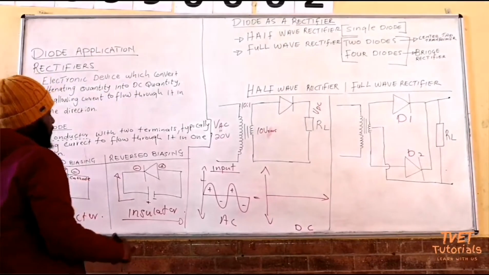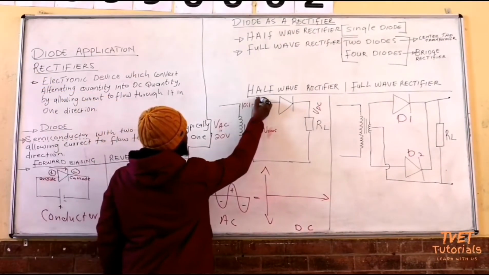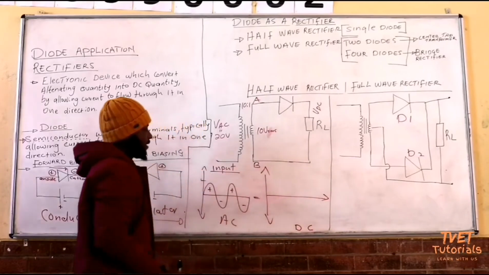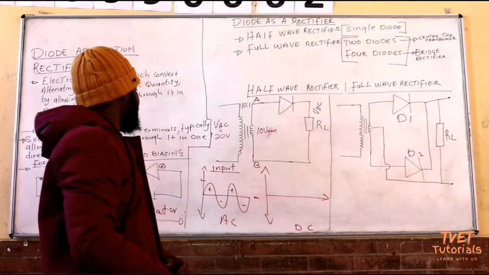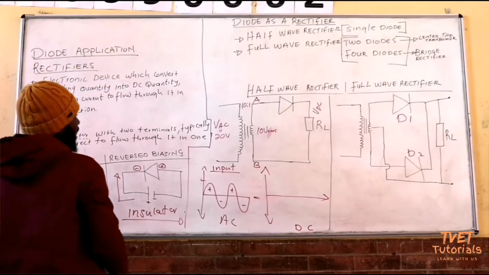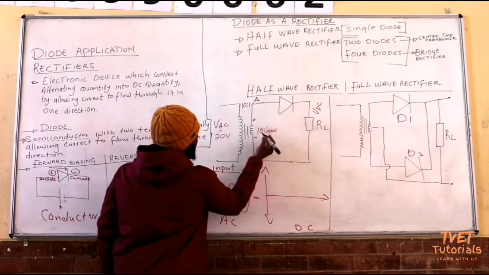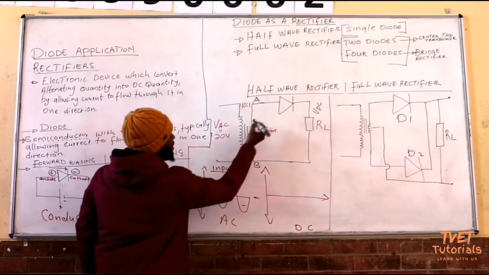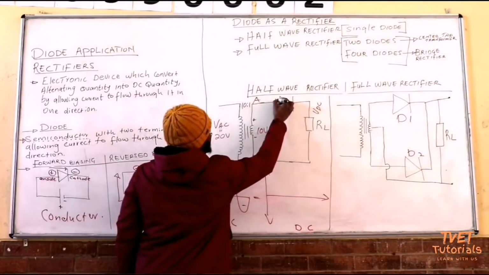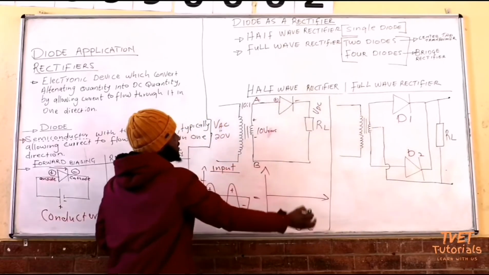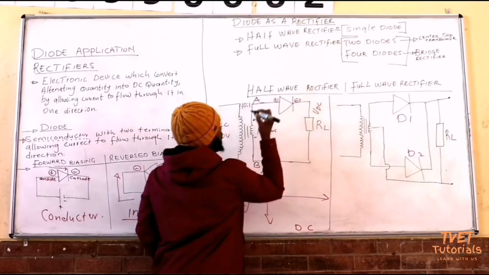Now, if we say this is A and this is B, as you can see, A and B. And we say here we have a plus, then we have a minus. And then we know the diode, that is the positive terminal of the diode, and that is the negative terminal of the same diode.